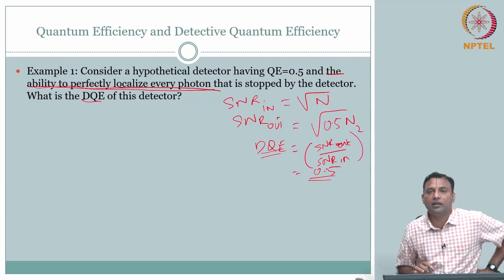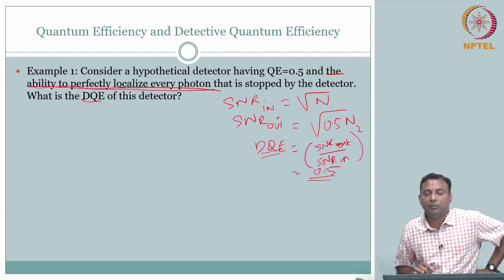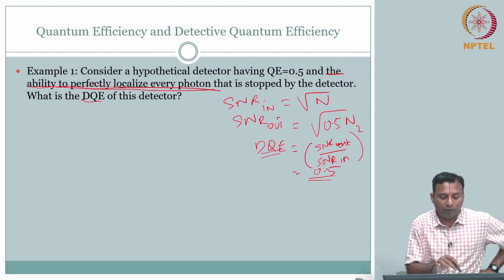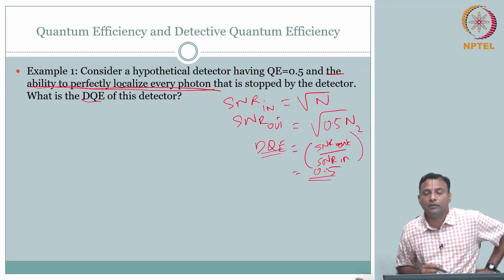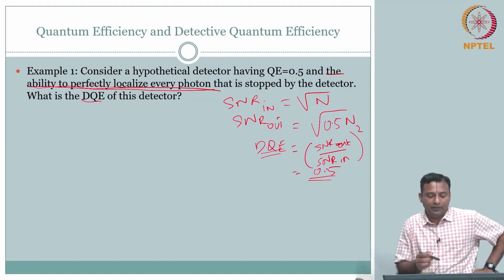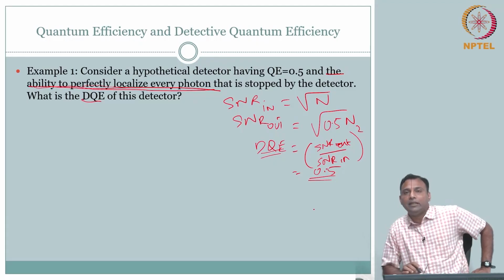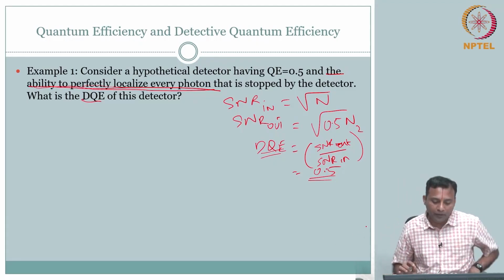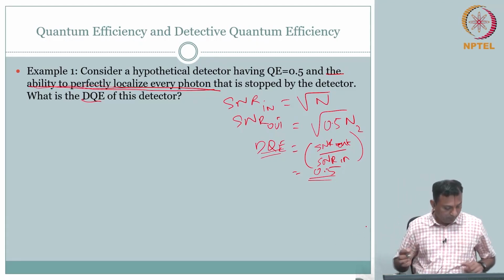But typically that need not be the case. This ideal perfect localization, other things may not happen, so there is going to be some fluctuation. So your DQE in general will be less than your QE. But in this hypothetical scenario, you can see that DQE equals your QE. Clear?